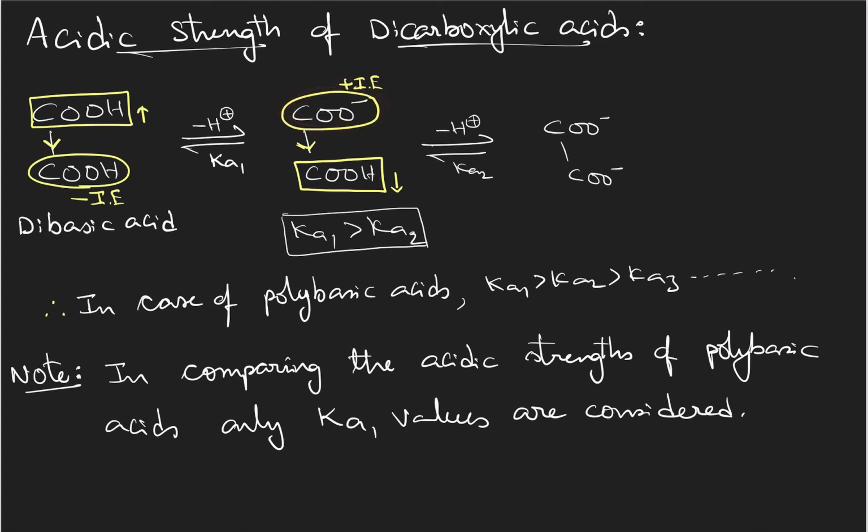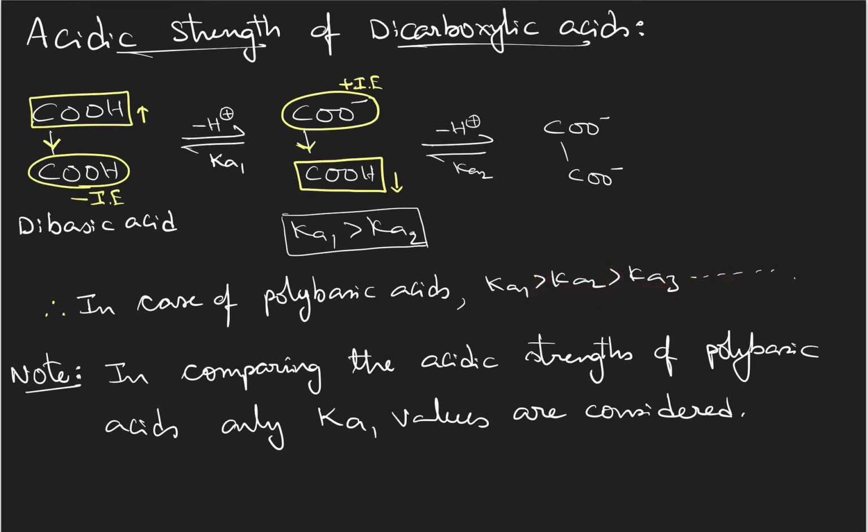That means the first COOH acidic strength will be increased due to the presence of an electron withdrawing group, and this COOH acidic strength will decrease due to the presence of a positive inductive group, that is, an electron releasing group. Therefore, release of first H plus ion is faster, Ka1 is more, and the release of second H plus ion is lower, Ka2 is lesser. That is what we have written here: Ka1 is greater than Ka2. Another very important point to observe is that in case of polybasic acids, the first acid dissociation constant is higher than the second, than the third, and so on.